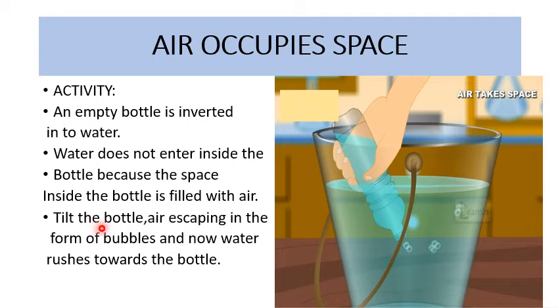Now we tilt the bottle. The air which is filled in the bottle escapes in the form of bubbles, and now the water rushes into the bottle. So this experiment proves that air occupies space.